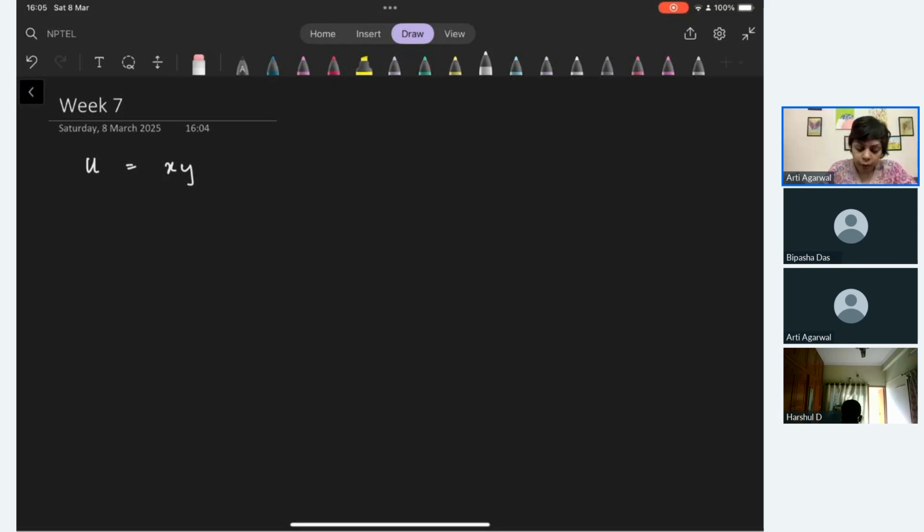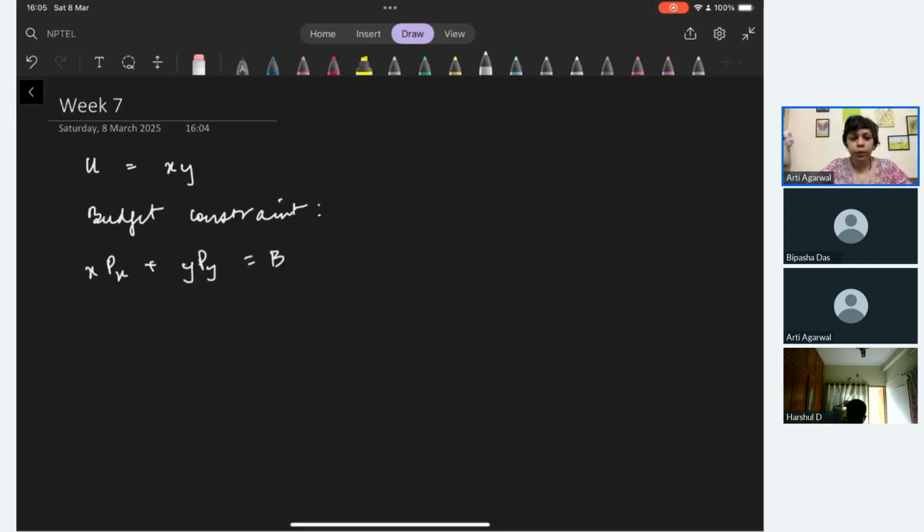Okay, and the price of good X is PX, the price of good Y is PY, and say the budget of the consumer is B. So we can write the budget constraint, so this is your typical budget constraint equation.